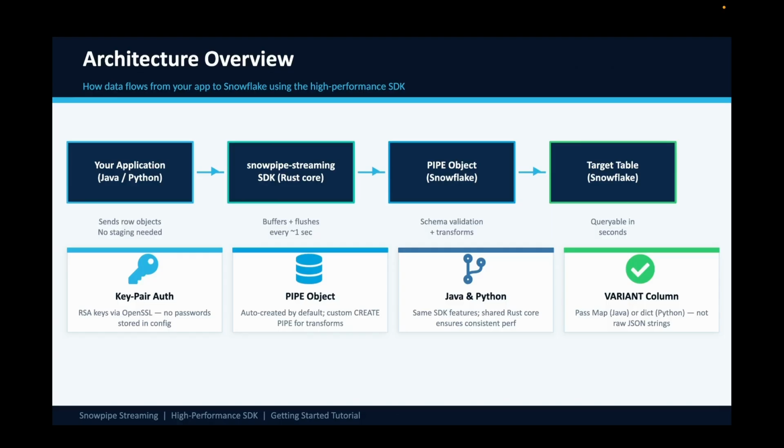We could use Java or Python, with the same SDK features that share the Rust core, which ensures consistent performance. Validating a variant column that maps to a Java Map, or a dictionary object in Python, not the JSON strings.